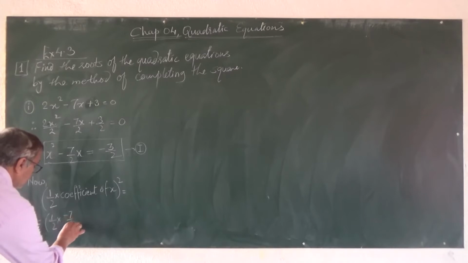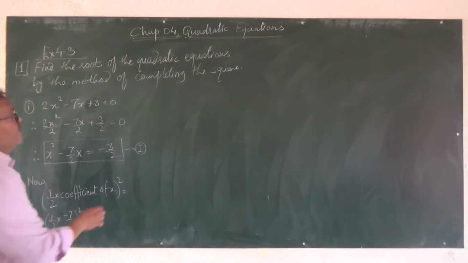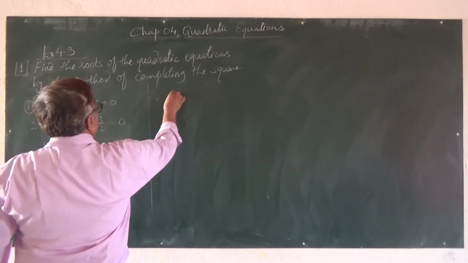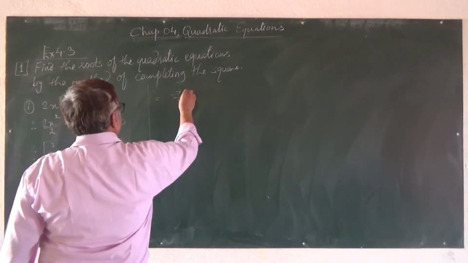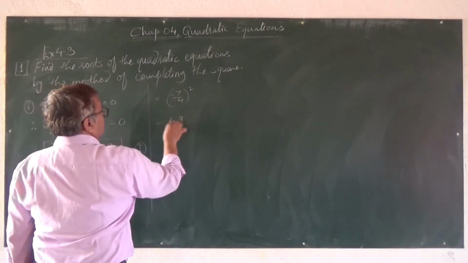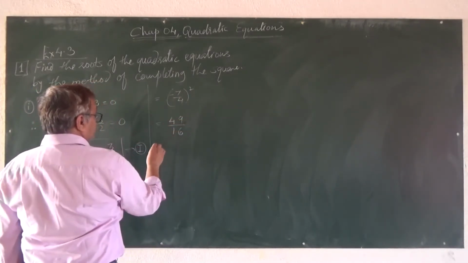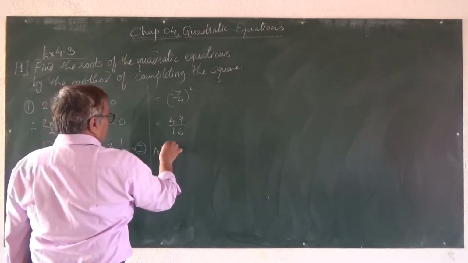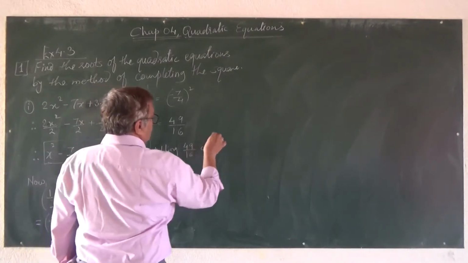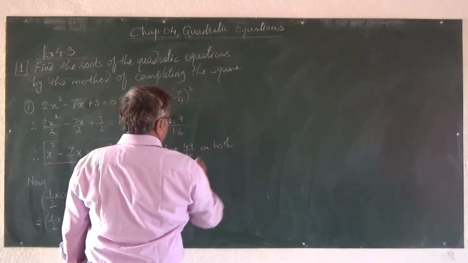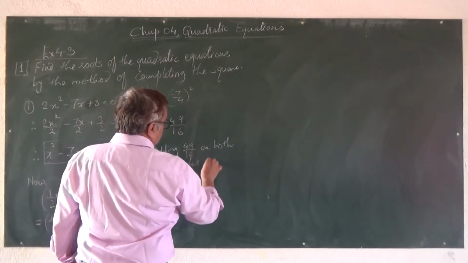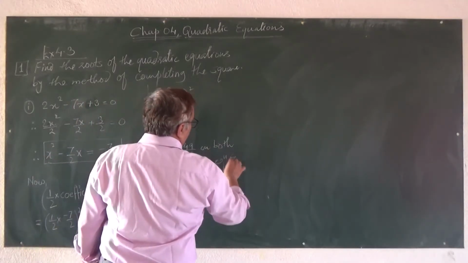So minus 7 by 4 whole square. So that is 49 by 16. So we add 49 by 16 on both the sides of equation 1.